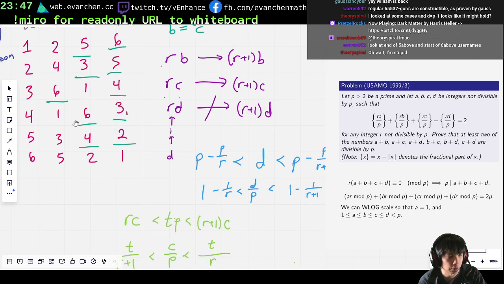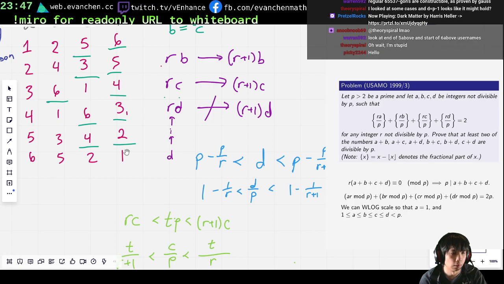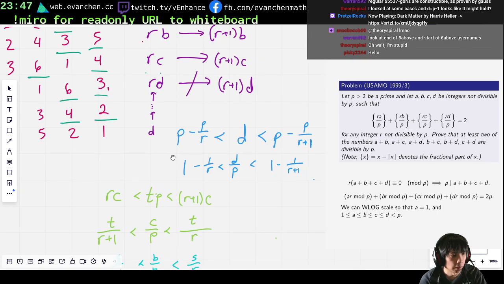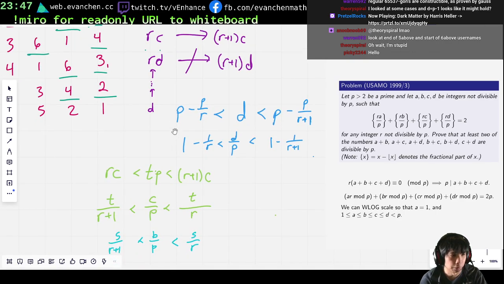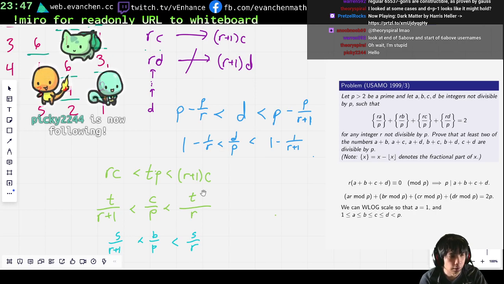And the claim is that there's a regroup every 2, exactly. I'm looking at the first place where D doesn't regroup. That's the place where B and C must both regroup. And so you get 3 inequalities. This inequality says that D regrouped for the first time here, like D over P is very close to 1. But B and C both regroup.